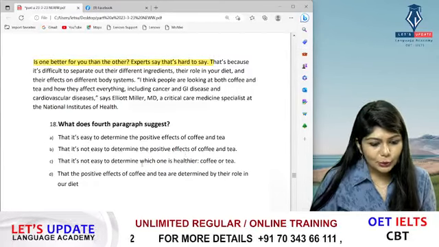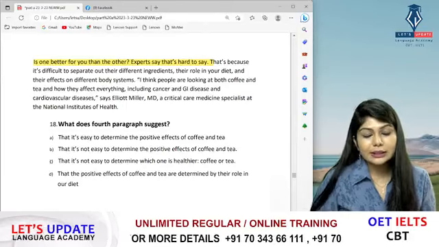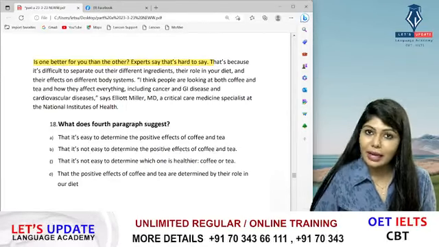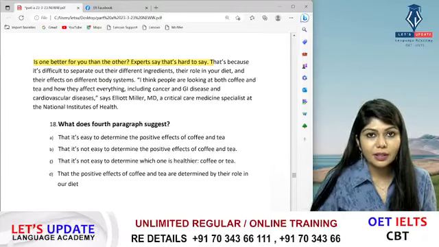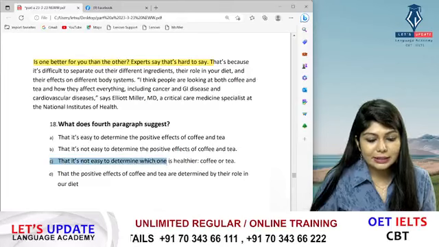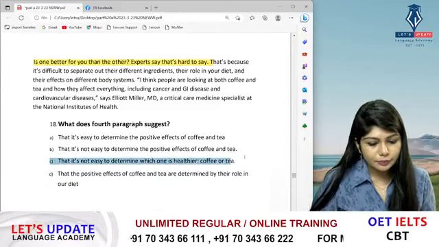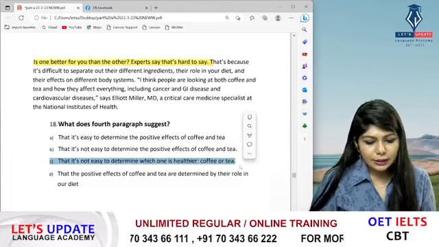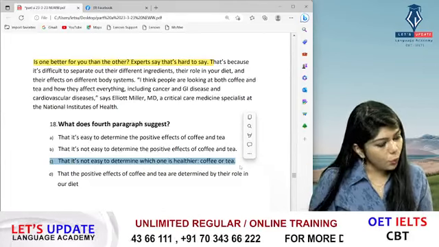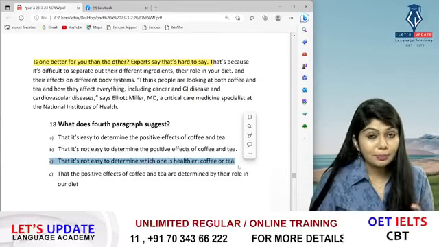So they are asking whether coffee is better than tea or whether tea is better than coffee, and definitely it's difficult to say the answer for this question. And so it's C, it's not easy to determine which one is healthier, whether it's coffee or tea. So it's between coffee or tea.